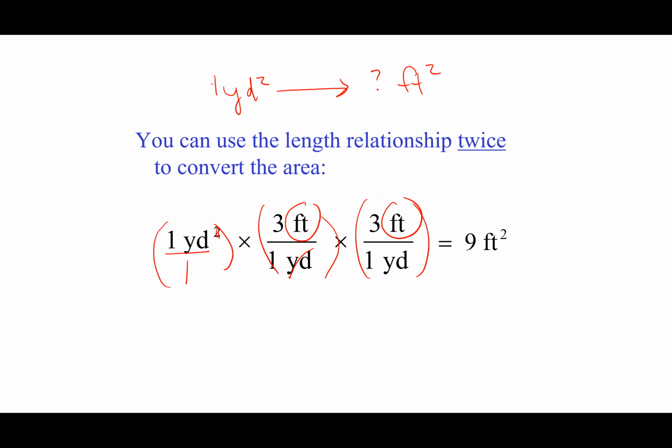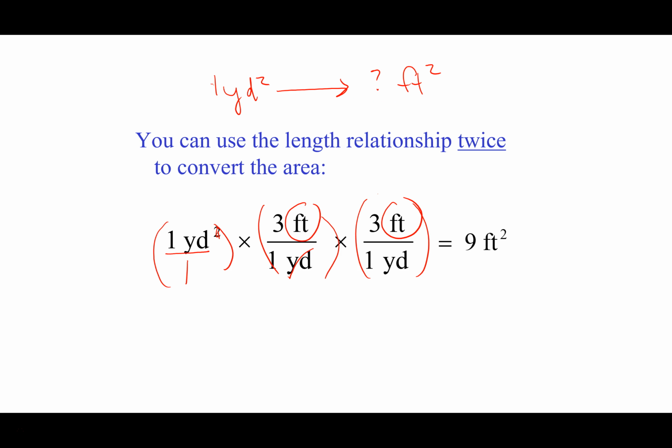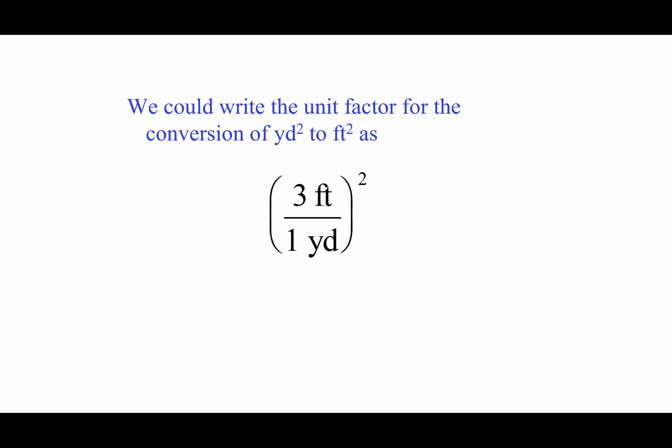But we won't always have a nice little picture like we had. Notice that these 2 terms, we could nest them together, and since they're identical, we could say that quantity squared. So for this conversion, we could have said 1 yard squared, and then my yards squared would cancel.